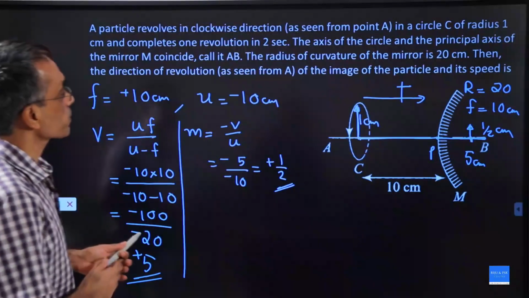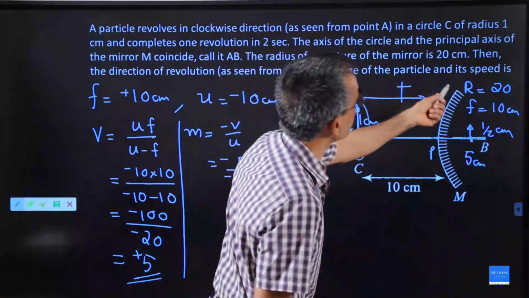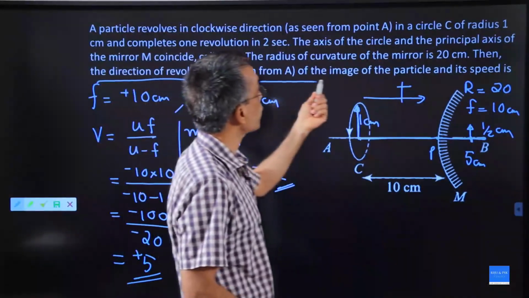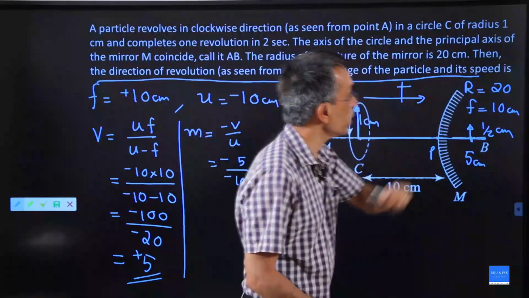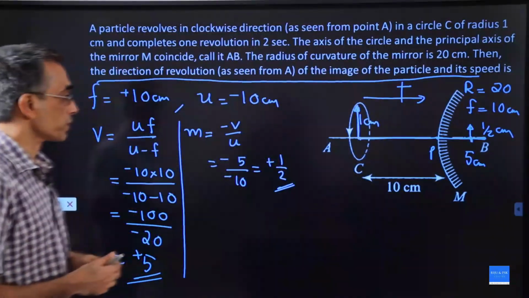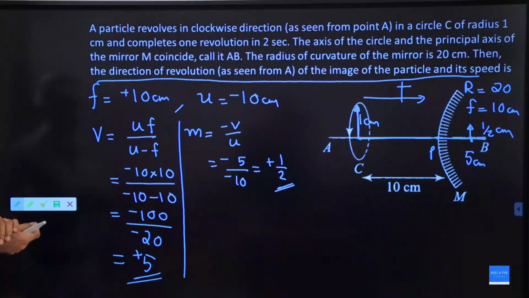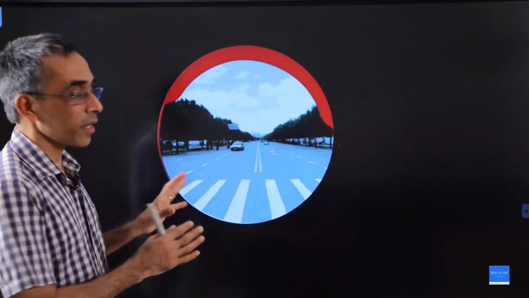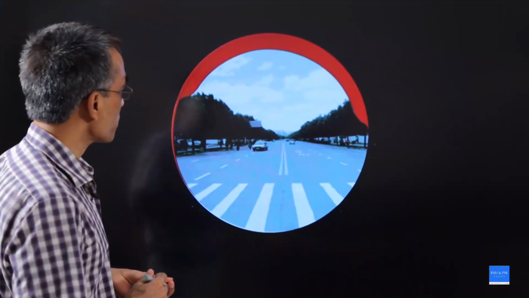Now what is asked? The direction of revolution of the image of the particle and its speed. What is the speed of that one? Let us discuss speed. This is the image of a convex mirror.